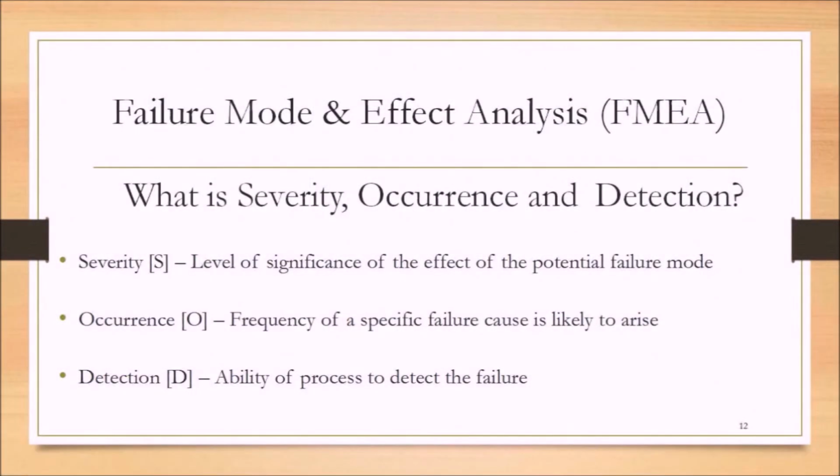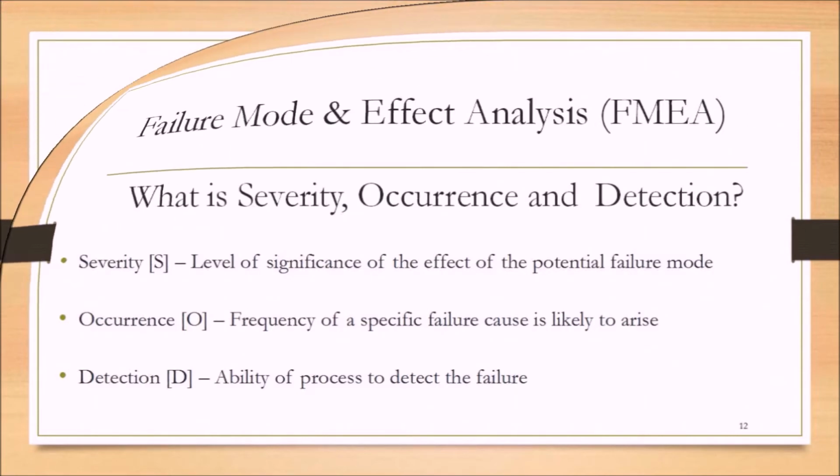What is the meaning of severity, occurrence, and detection? Severity ranking marks the level of significance of the effect of a potential failure. Occurrence stands for the probability that a specific cause will occur. Detection is assigned to evaluate the ease of detecting the occurrence of a potential failure mode.